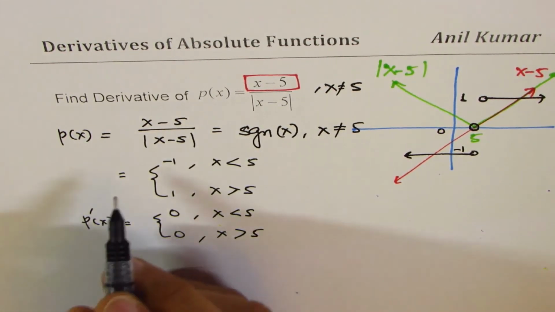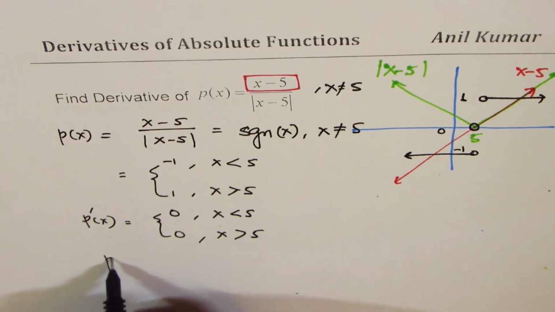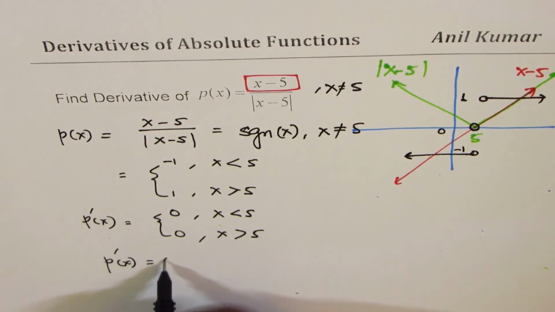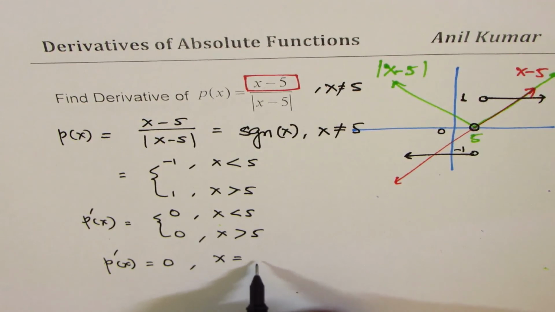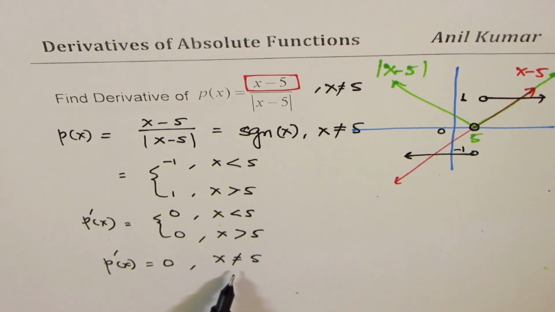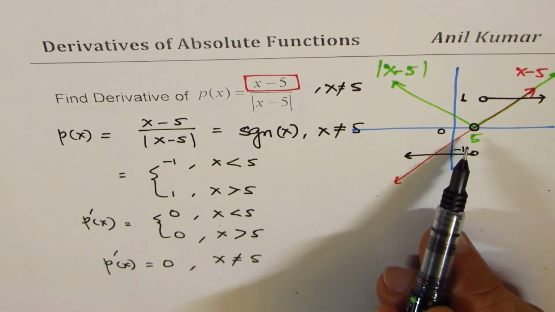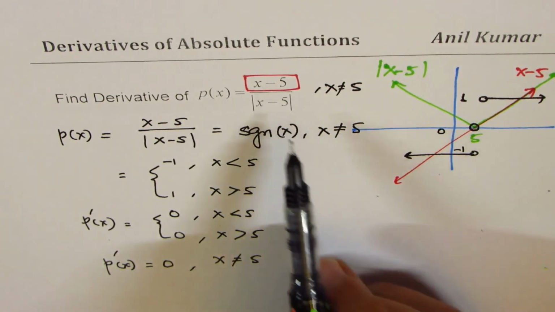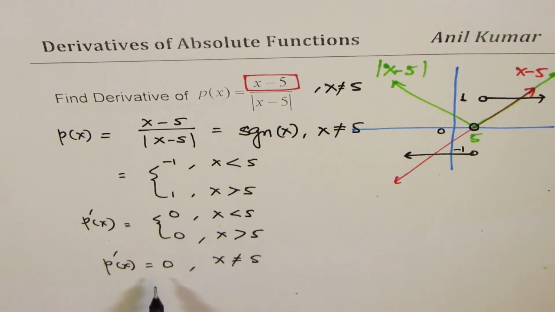Both are constants. And therefore, we know that the derivative of this function is equal to 0, except at x not equal to 5, right? So only at 5 it is not defined. However, this derivative is 0 anywhere else. Is that clear to you, right?